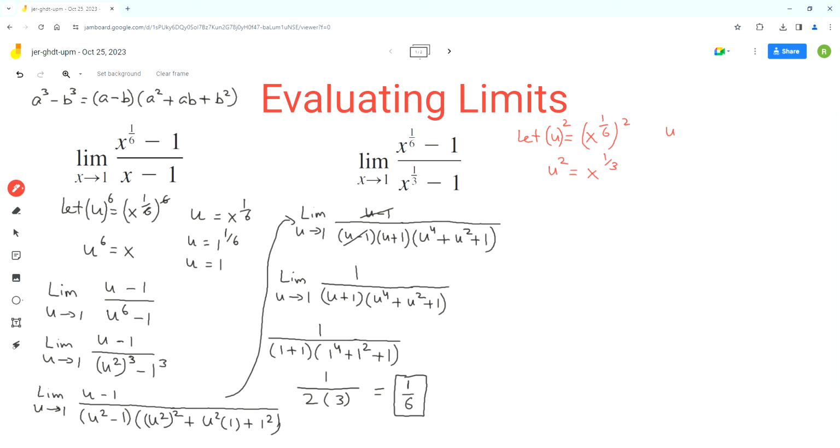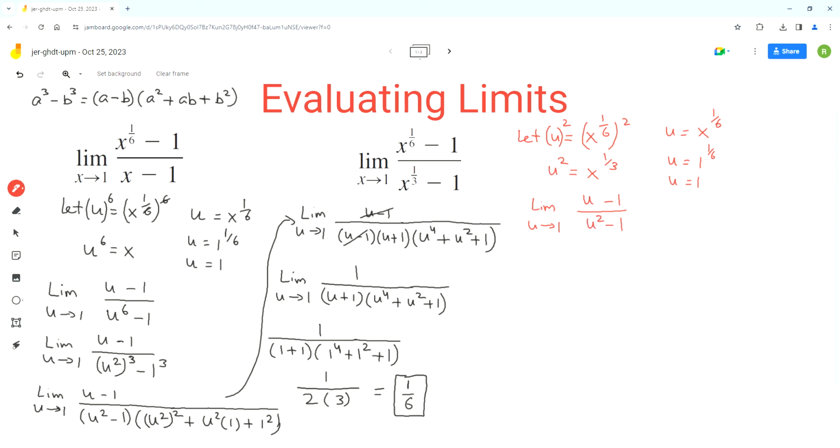So we did the substitution, u equals x to the power 1 over 6. So if we sub in x as 1, we get 1 to the power 1 over 6. So u approaches 1. So our expression will be limit u approaches 1, u minus 1 over u square minus 1.